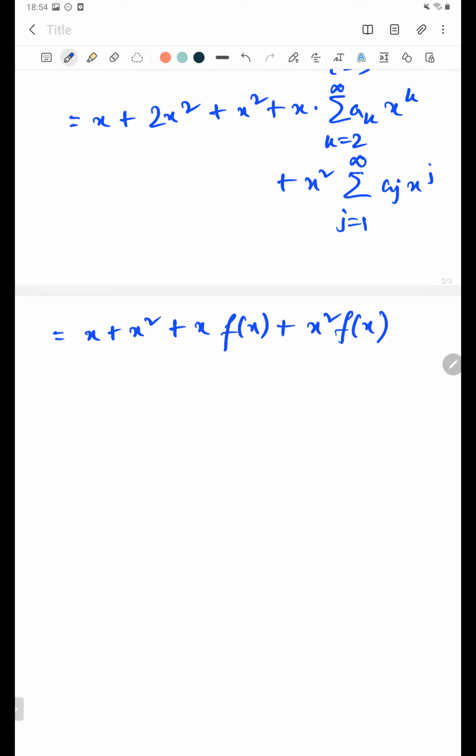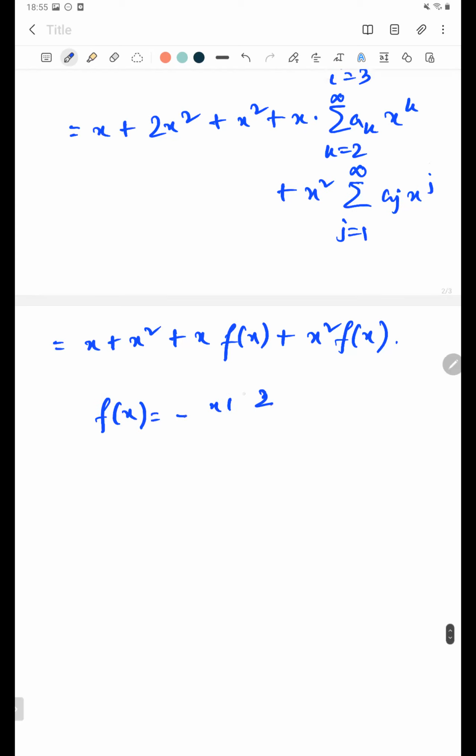So this is pretty simple. I mean, you can just check it. So fx is equal to minus x plus 2 plus 2x square by 1 minus x square.